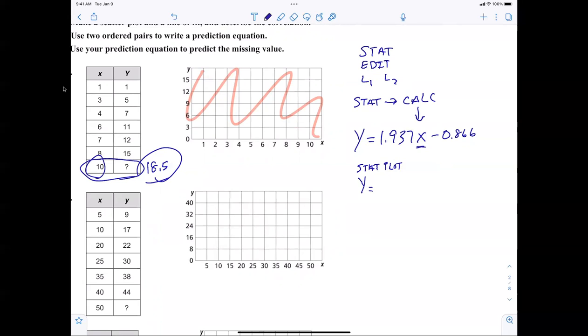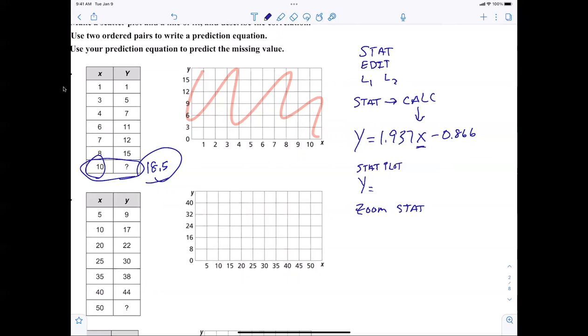All right. Now, if you remember, there's this thing called zoom stat. So hit zoom and then go down until you get stat and it'll plot the points for you. Everybody agree with that? Does it come up? Zoom stat. I think it's 9, if I'm not mistaken.